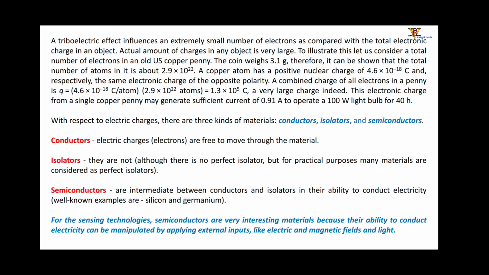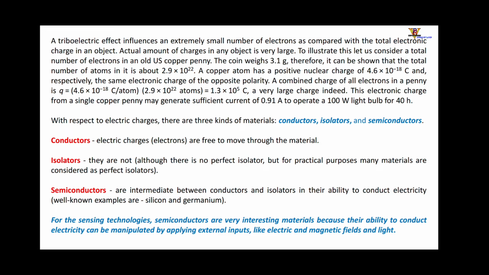Isolators: although there is no perfect isolator, for practical purposes many materials are considered perfect isolators. If there is no free charge present in the material, then that material is known as an isolator, but physically this is not possible. The third type of material, which is very important for our subject, is semiconductors.